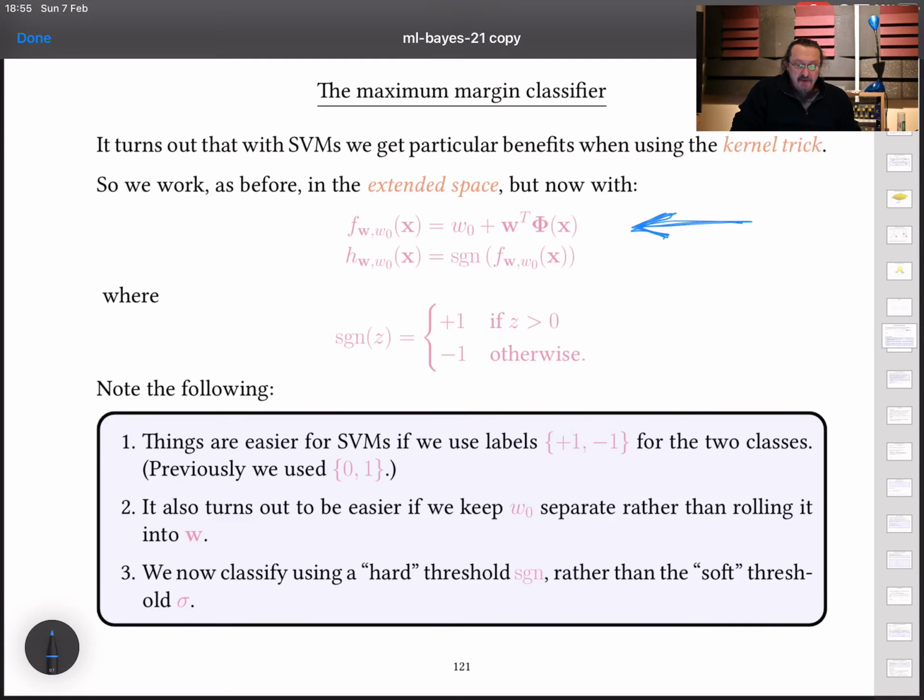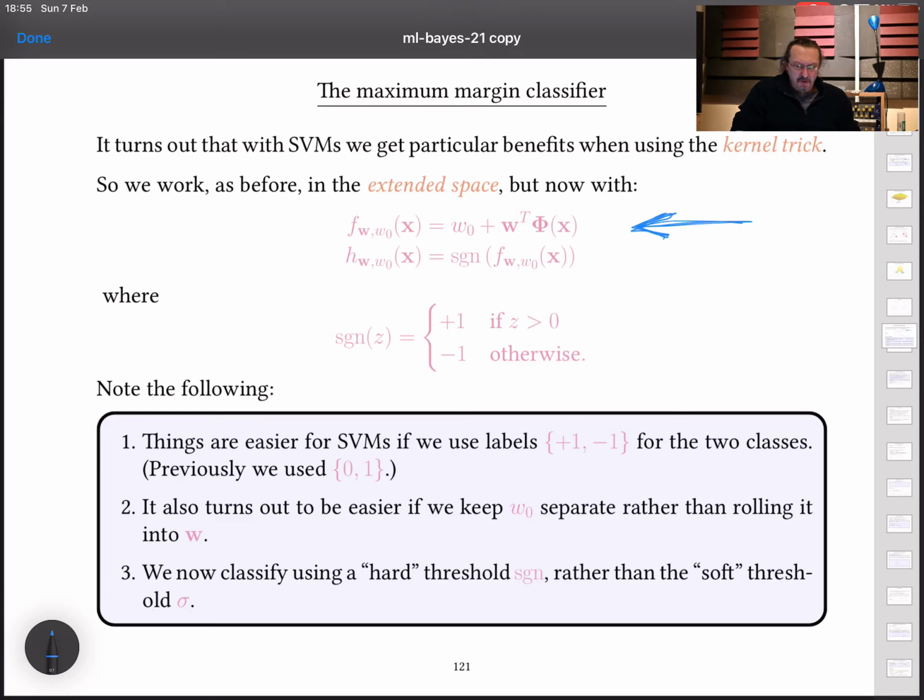Having done that, we know from the geometry that f will be positive on one side of the decision boundary and negative on the other side. We just use whether it's positive or negative to denote the classification that's associated with it then.